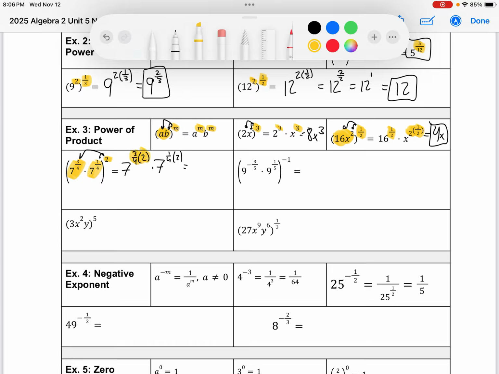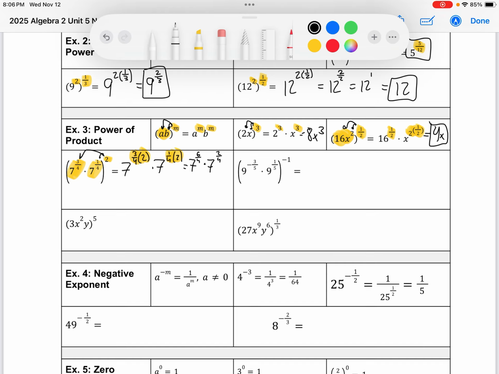The 3/4 times 2 gives me 6/4. So 7 to the power of 6/4 times 1/4 times 2 would give me 2/4. So times 7 to the power of 2/4.